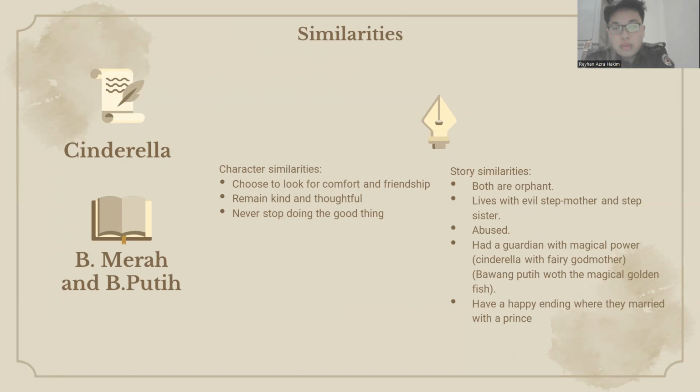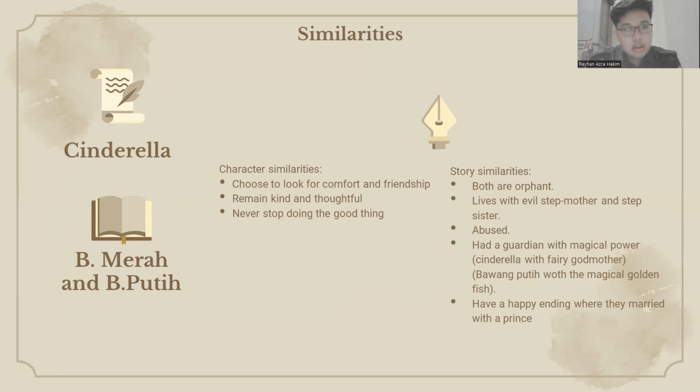Meanwhile, Bawang Putih had the magical goldfish. The next one is that both of them remain kind and thoughtful. Even though both of them are treated like a housekeeper, and even worse, they always remain kind to their stepfamily. They never stop doing good things, no matter what the others did to them.